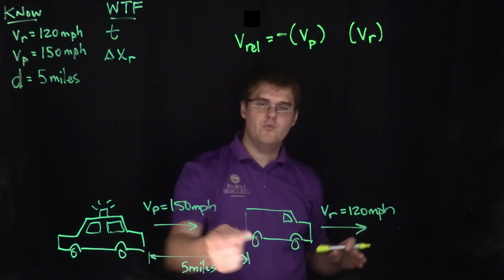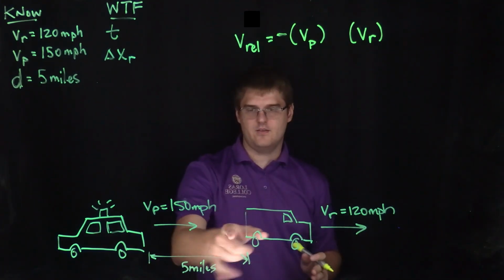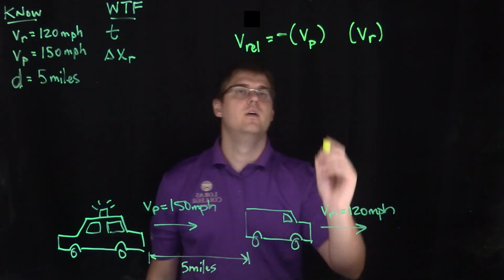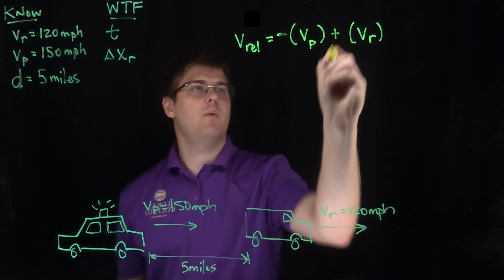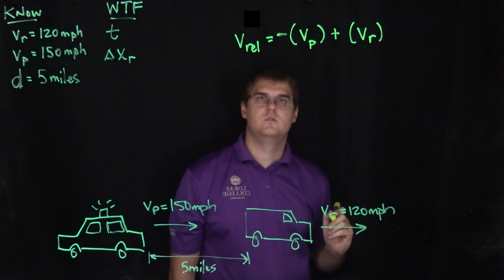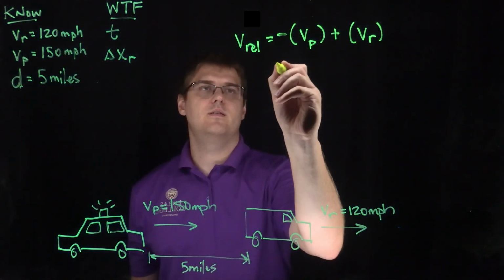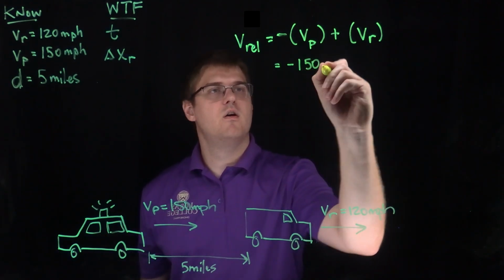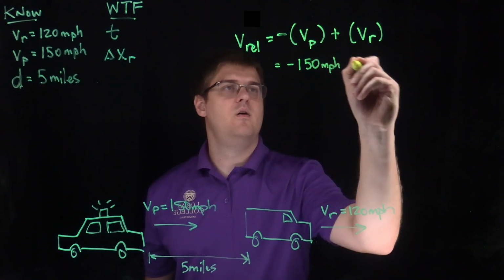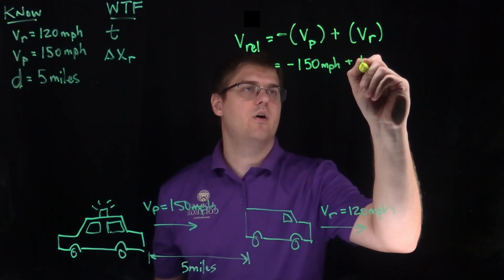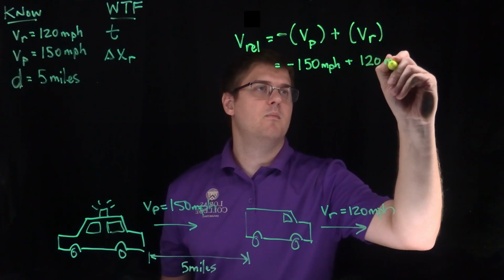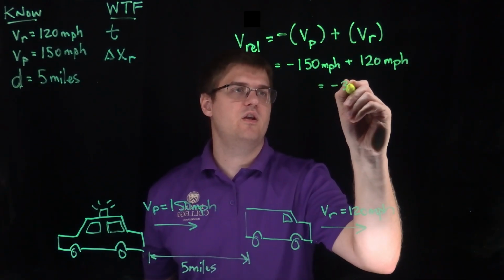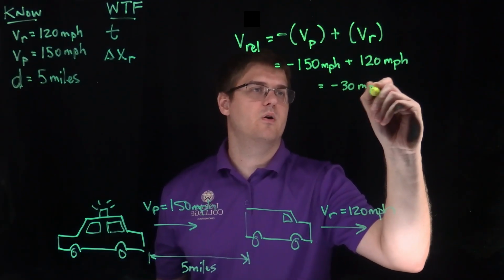The robber is moving away. It's trying to extend the distance, so it is making it so the police car has to go more than 5 miles to catch up to it. So it is going to be a positive in my relative velocity equation. So my velocity relative is going to be negative 150 miles per hour plus positive 120 miles per hour, which is going to end up with negative 30 miles per hour.